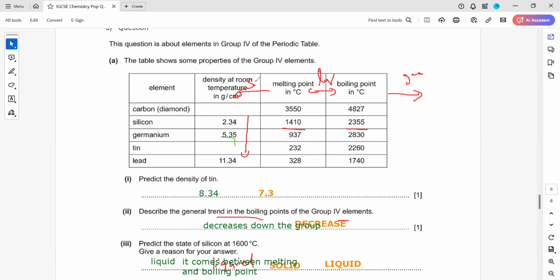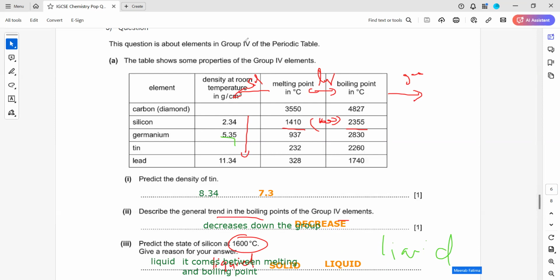And before the melting point, it is solid. So this is silicon and we want to find it at 1600. 1600 will come in this range, between the melting and the boiling point. So what should be the state here? The state should be liquid, because the temperature is between the melting and boiling point.